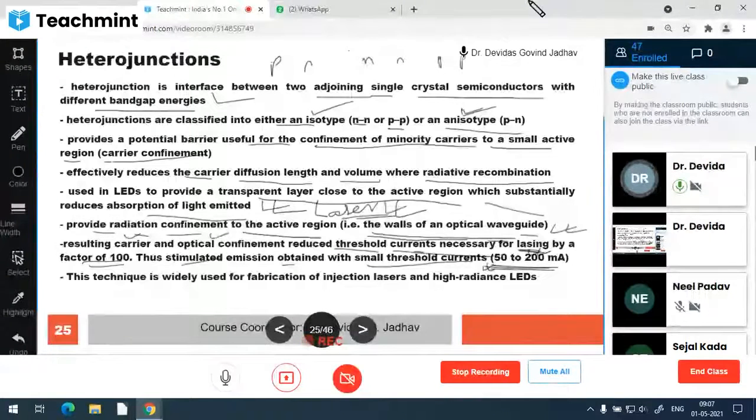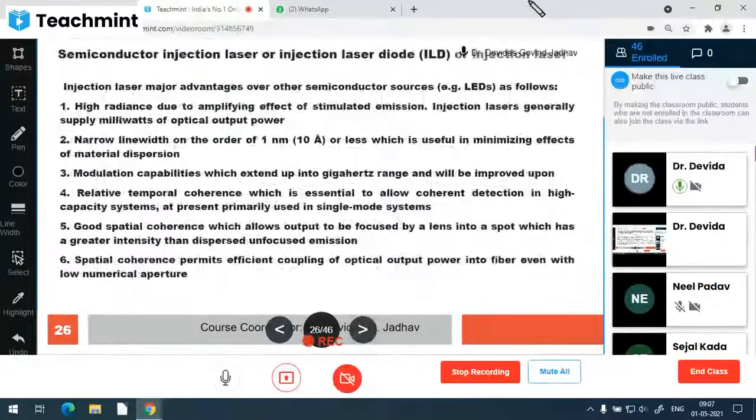This technique is widely used in the fabrication of injection lasers and high radiance LEDs also. This heterojunction technique is used in the fabrication of injection lasers, all the lasers, and LEDs which have high radiance. For that also heterojunction is used. Okay.